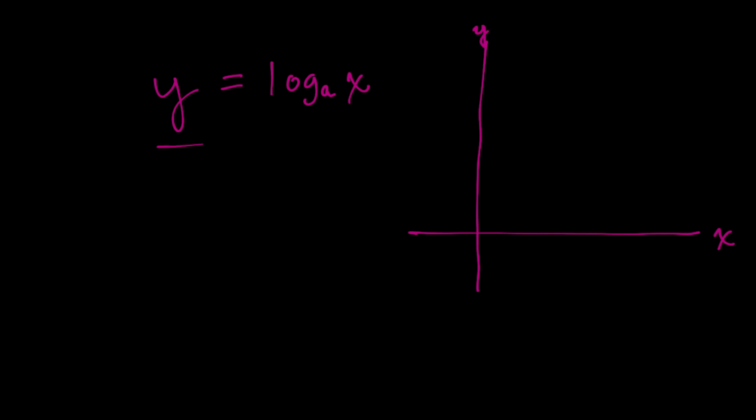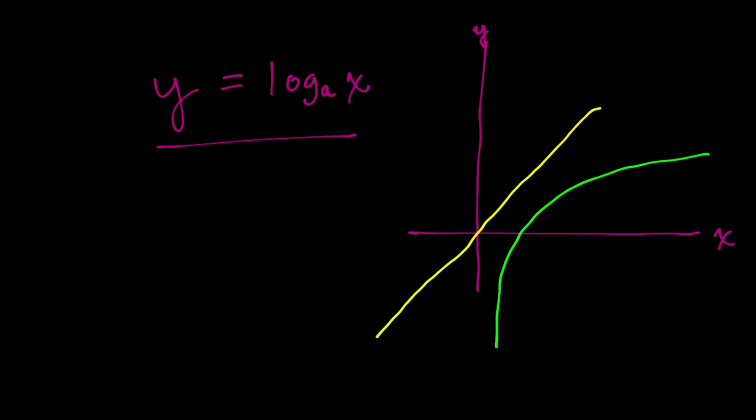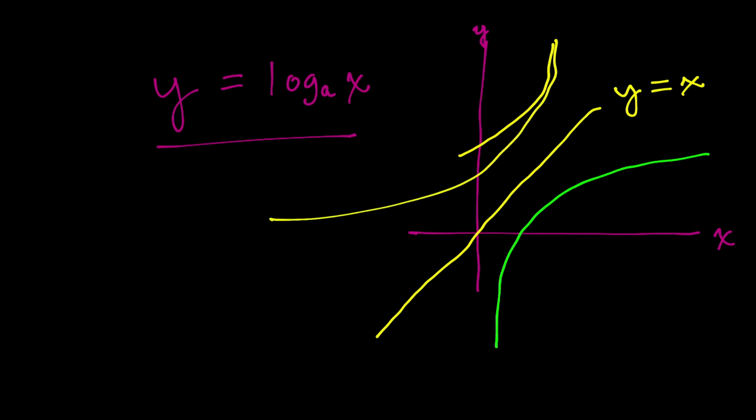This function will have a graph that looks like this. So in a manner of speaking, it's an inverse. Here's my y equals x line. It's an inverse of this guy right here. Well, that's not perfect, but you get the idea.